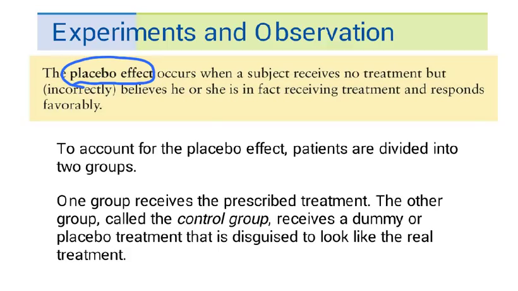This is very common practice. The half that doesn't receive the drug, they might think they're getting it and start to feel better, even though they have no drug in their system. They're just getting a sugar pill of some sort. That's what's called the placebo effect, when you're not getting a treatment but incorrectly believe that something favorable is happening anyways.